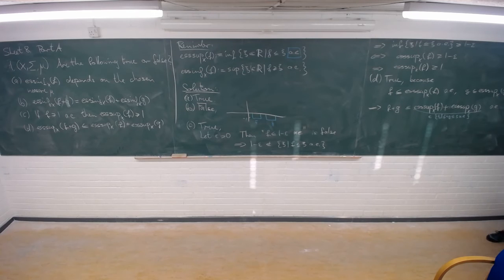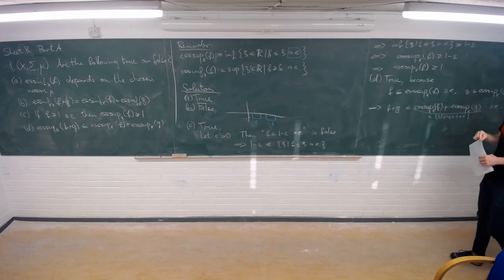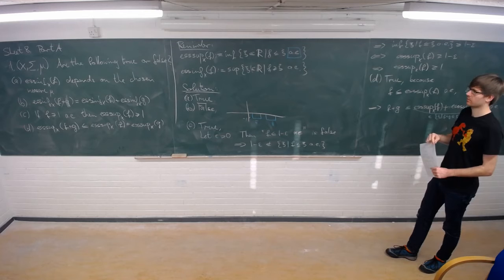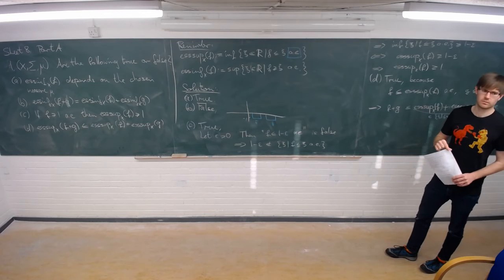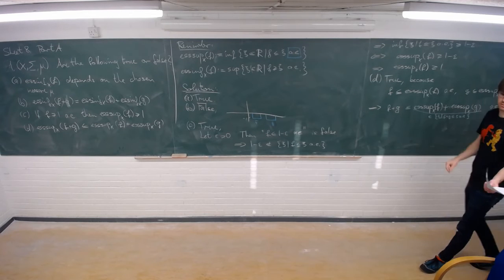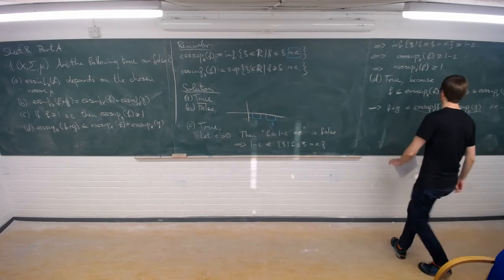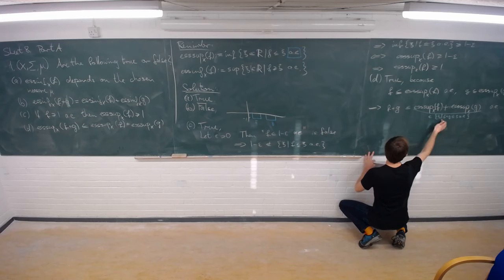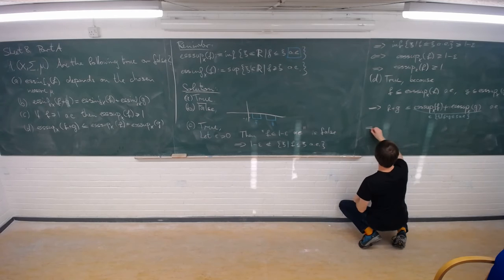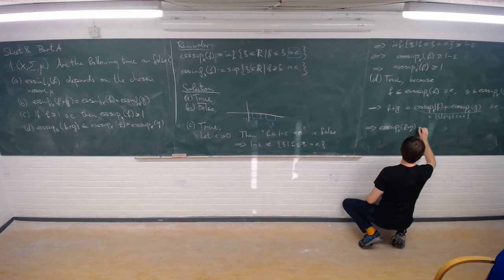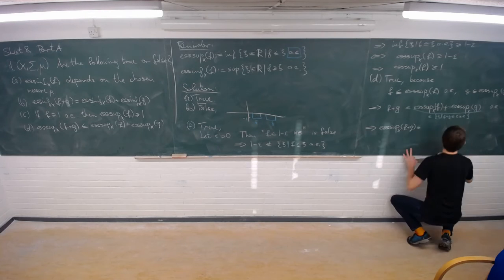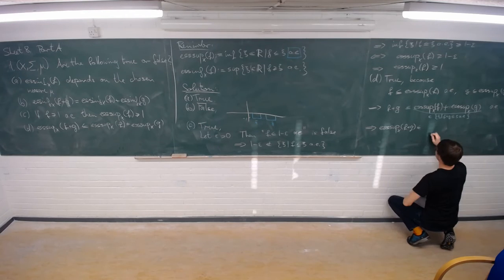And then the essential supremum of f plus g is the infimum of that set, so it has to be less than or equal to this right hand side.